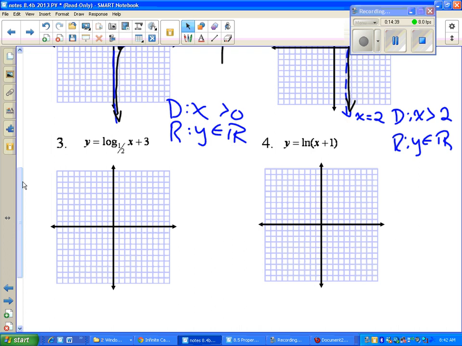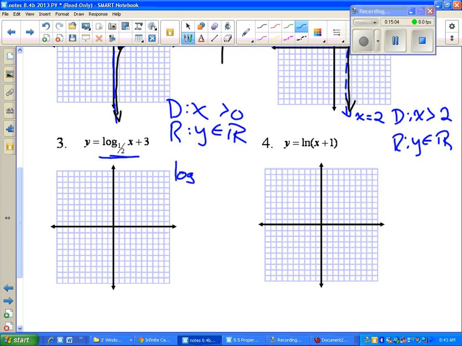So to do 1/2, to do this log, what do I have to put into my calculator? So this is at the bottom of yesterday's note sheet. It's a change of base formula.